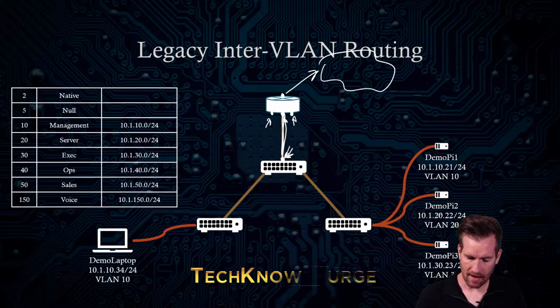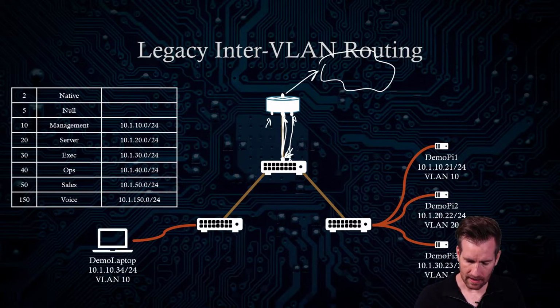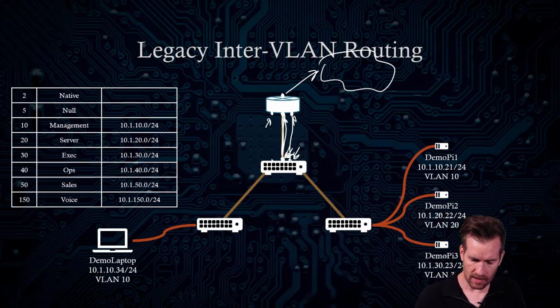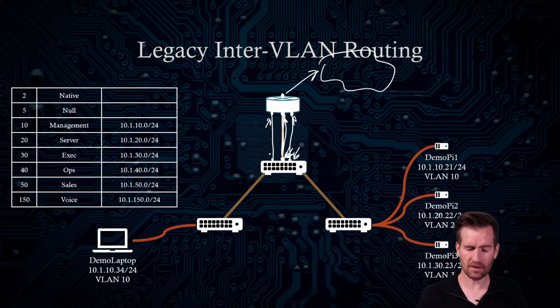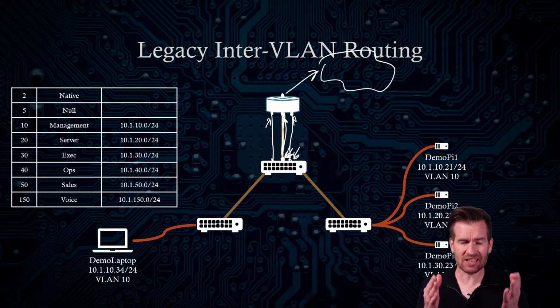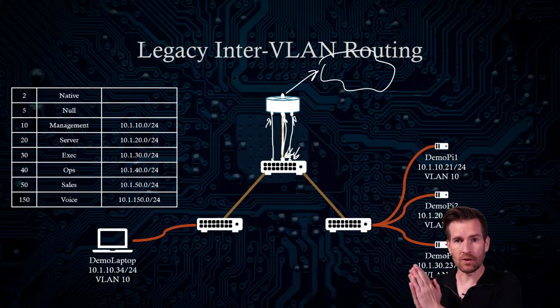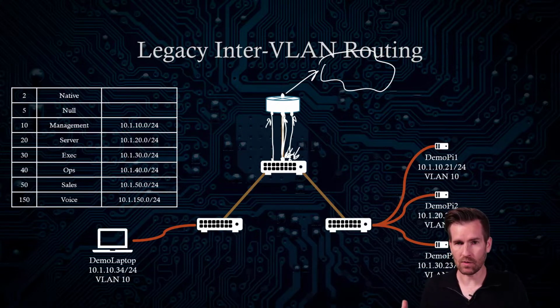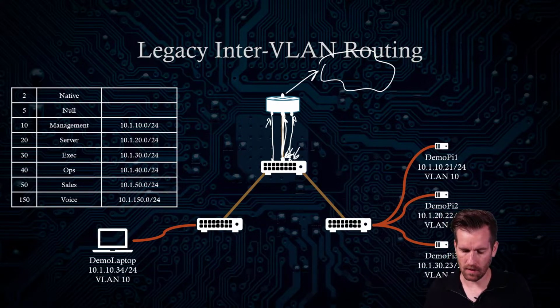And then I would have VLAN 20 connected to a different access port, and then VLAN 30 connected to a different VLAN access port. So what I'm setting up here is a connection for each one of those VLANs for it to communicate. I could do the same thing between the switches as well. I mentioned that in one of my prior videos.